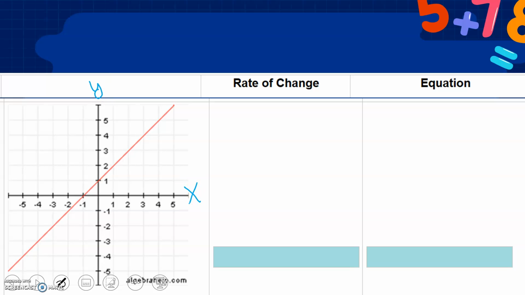Then let's identify if this is proportional or non-proportional. Since this is non-proportional, I know that I'm going to be looking for my rate of change, which is m. So my m on here, we are going through 1.